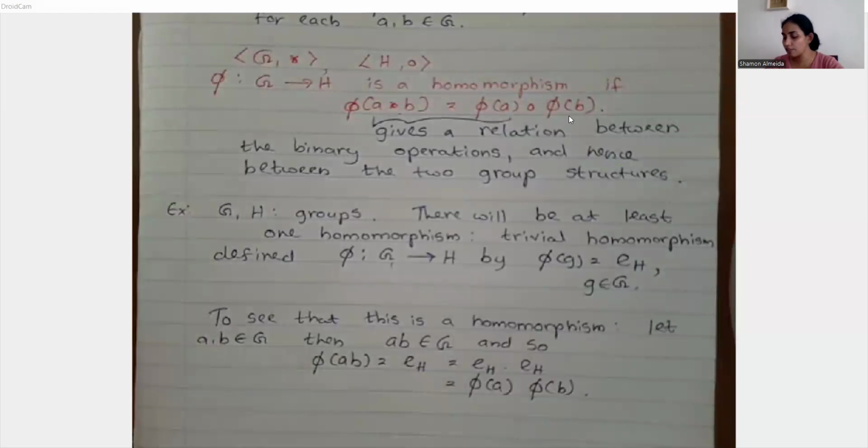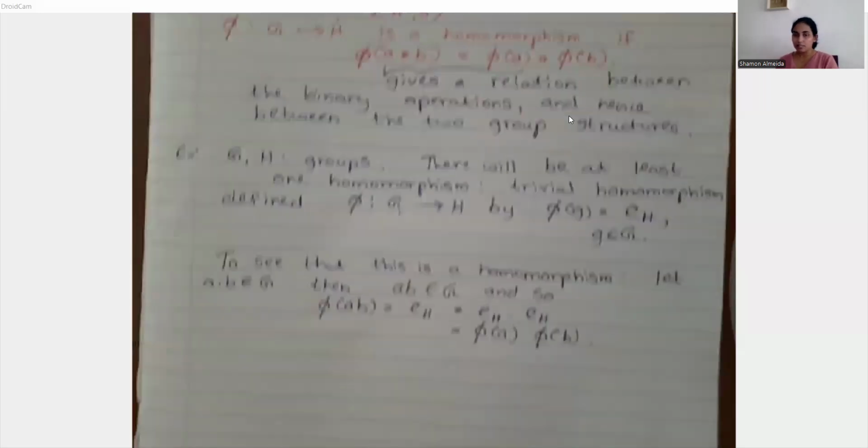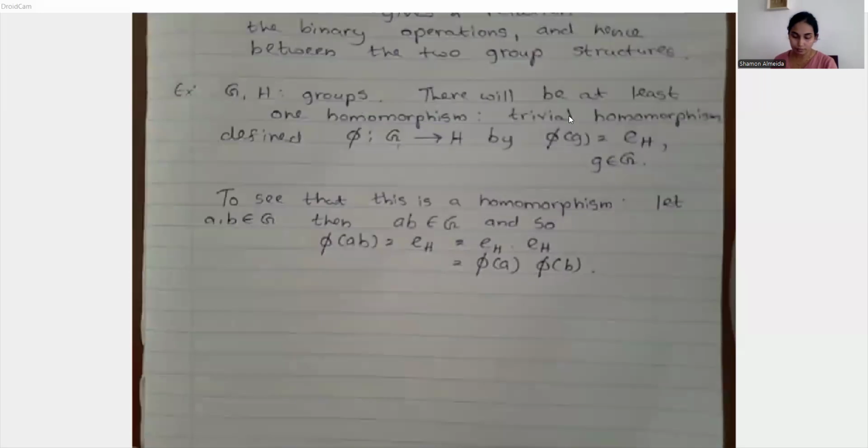But this is not a very interesting homomorphism. Why? All the elements in G will be mapped to this one element in H, so you can't really retrieve any information about the group structure. So it's not very interesting. Let's look at some other examples.